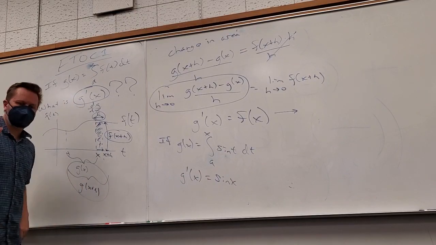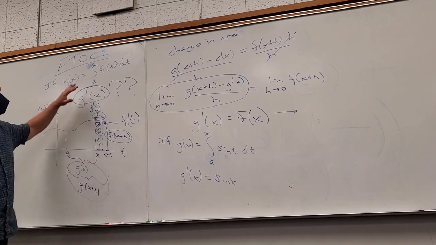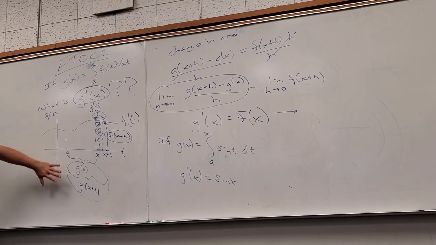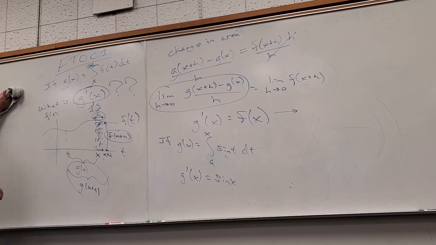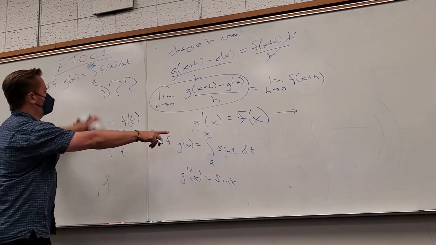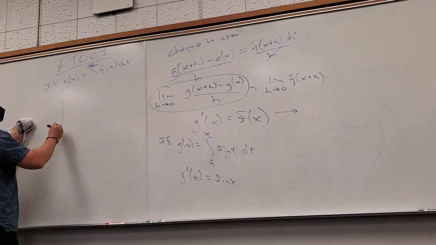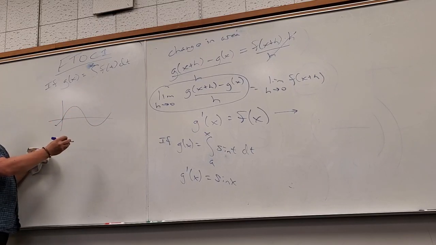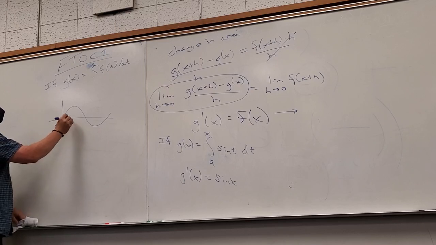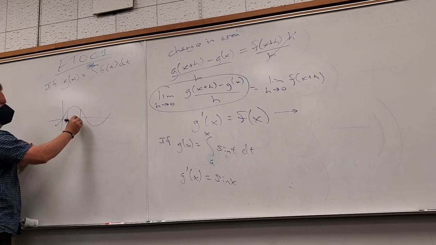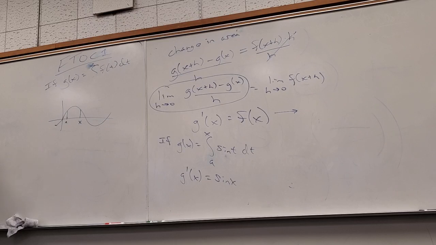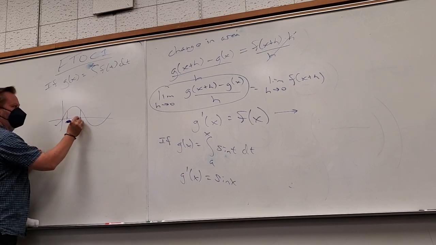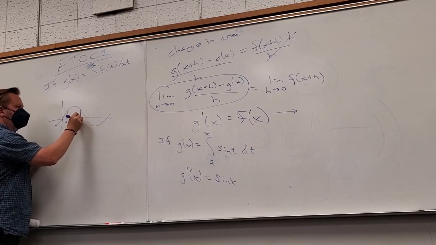So what this means, let me try to bring this back to us. A lot happened here, right? Has everybody got this as much as they want? Let me make this specific. If I have sine t, and I'm going from a to x, and I go an infinitesimal step up from here, how much area will I add?